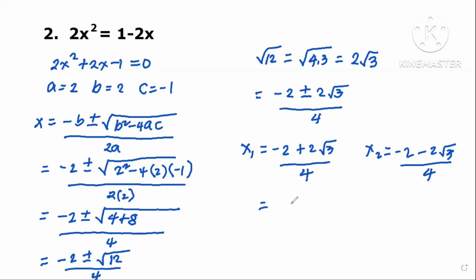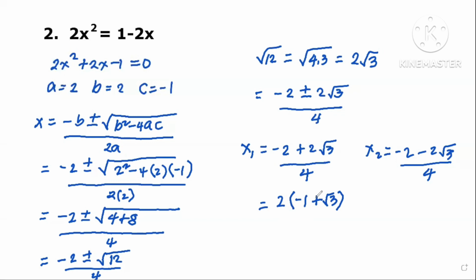So, how do we simplify this? We need to factor out 2. We take out the 2, and then in the parentheses, this is negative 1, since 2 times negative 1 is negative 2. Then here, just square root of 3, since 2 times square root of 3 is 2 square root of 3. So, we just factored this. We took out the GCF, which is 2.